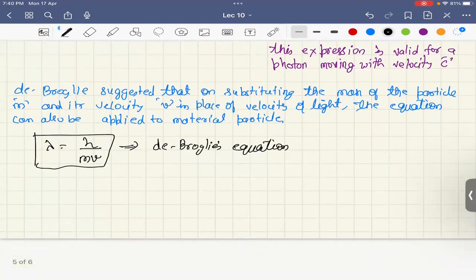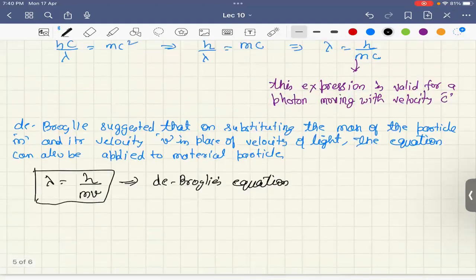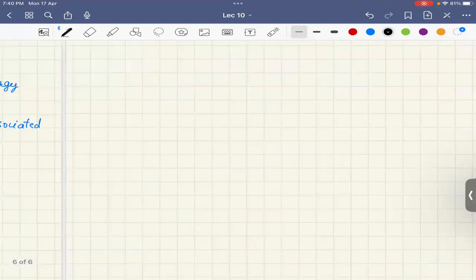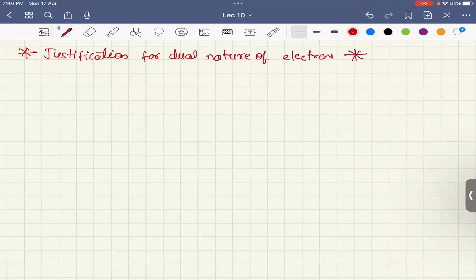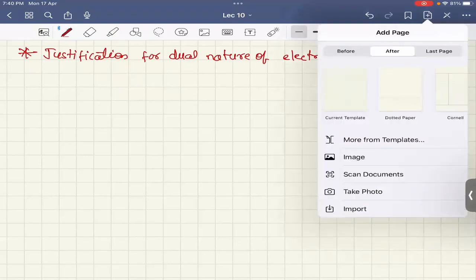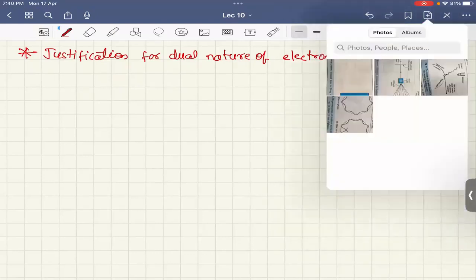Now, let us move on to the next topic, which is justification for dual nature of electron. So this was given by the Davisson and Germer experiment of interference and diffraction, right?